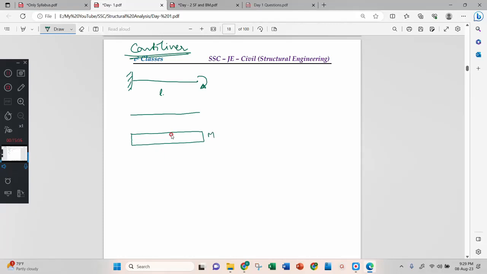This is M, this is M, and this is negative. This is M. Okay, remember this one. Any doubt? Okay. This is called as pure bending. Why pure bending? Because no shear force. Only bending is there. Therefore, that is called as a pure bending.